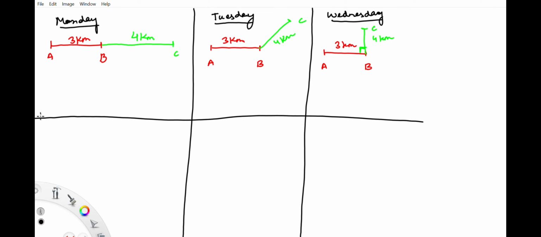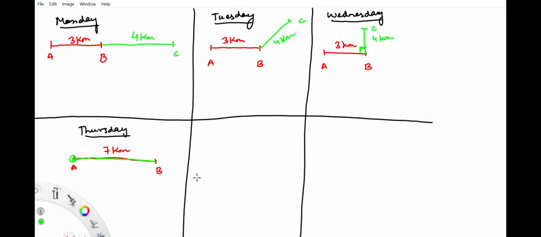Now on Thursday, this person starts from point A, moves to point B and covers approximately 7 kilometers, and then from point B this person moves back to point A. So this person is basically moving back to point A, and his journey is over.